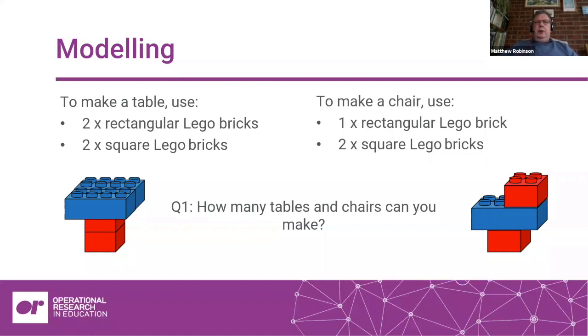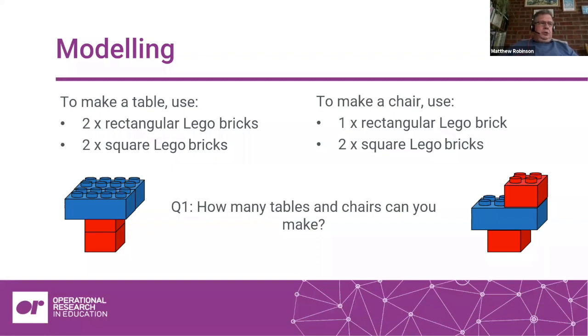So you should have some combinations. There are really four main combinations you can build. You could build 4 chairs, in which case you would then have 2 of the rectangular pieces left over. You could decide to build 1 table and 1 chair, in which case, again, you would have a rectangle left over.